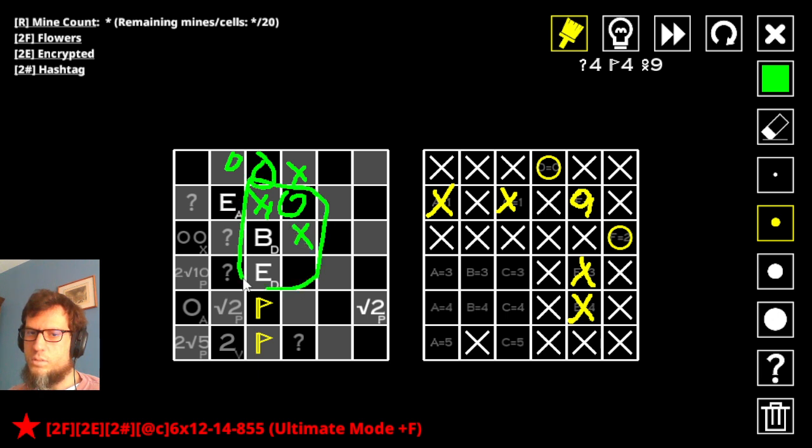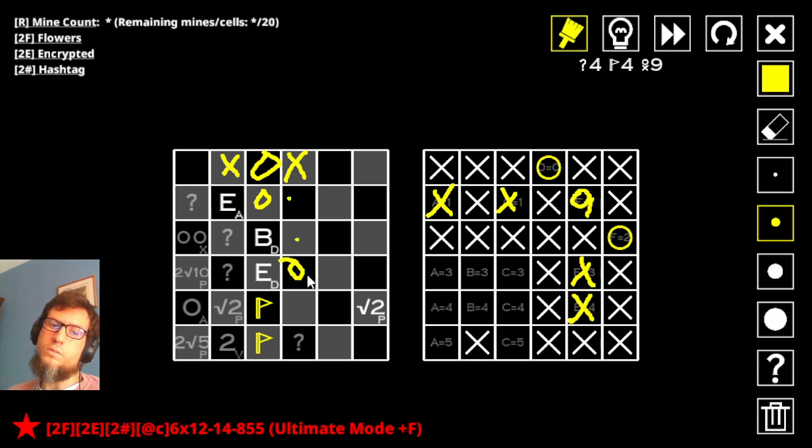And that puts 2 in this E, so that's not allowed. But if that's not allowed, then that's a mine, and that's the only one for that E, and then this B is like, okay, well, I need to put at least 2 mines in these 3 squares, which means the only solution is for this to happen, and then one of those 2 to be mine. Which is possible. Oh wait, does it violate flowers? Oh, it violates flower. Oh my gosh.